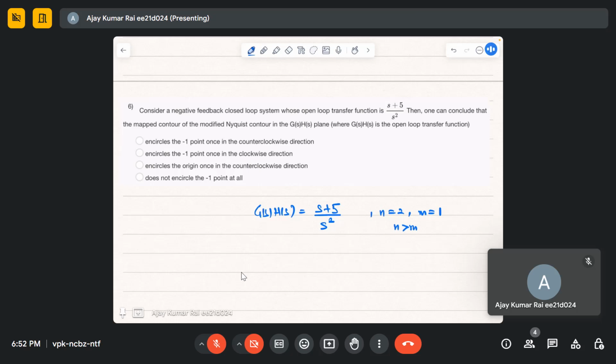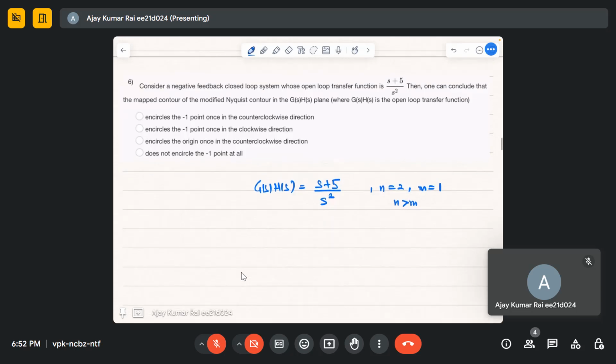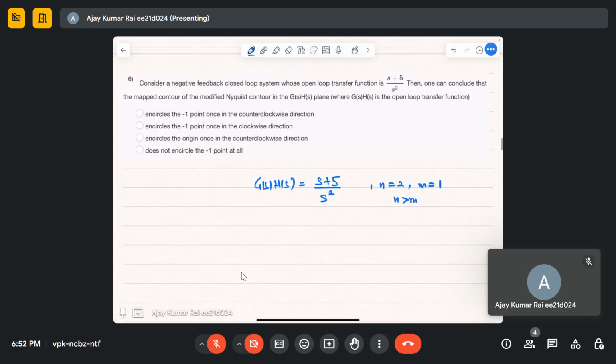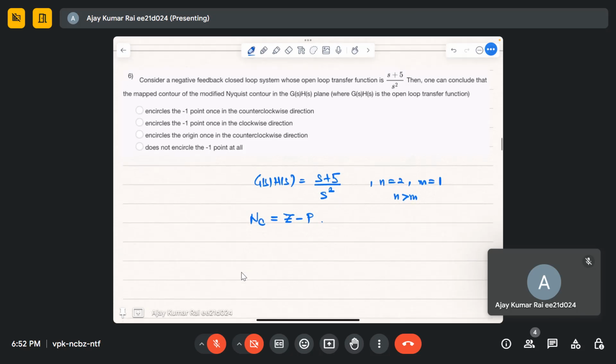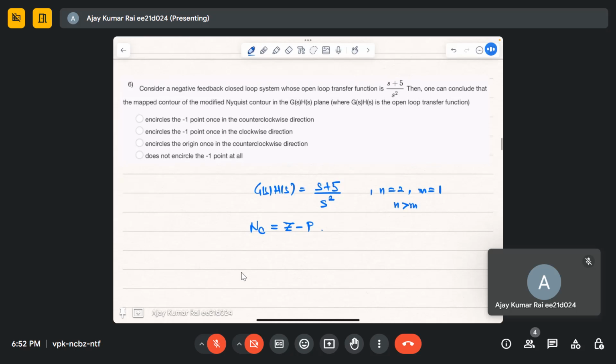Now we have to find out the encirclement. You have to comment on the same thing, Z minus P. Let me again read the question. Consider a negative feedback closed loop system whose open loop transfer function is given.